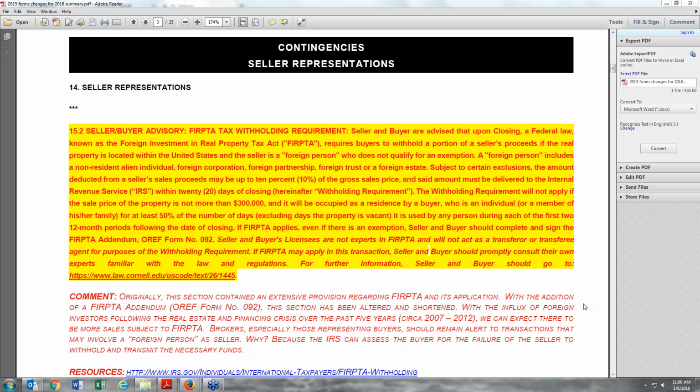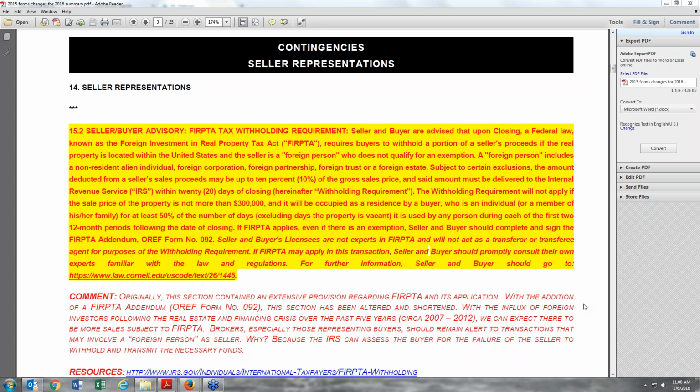So the main thing to know about this is that there's a major exemption that even if the person is a foreign person, if the property is not more than $300,000 and it's going to be occupied as a residence by a buyer who is an individual or a member of his or her family for at least 50% of the number of days it is used by that person during the first 2 12-month periods, then it's going to be exempted.